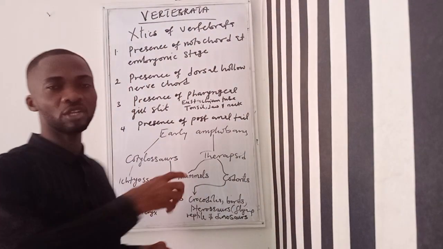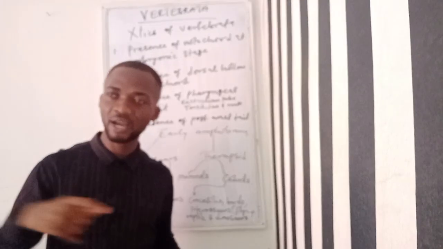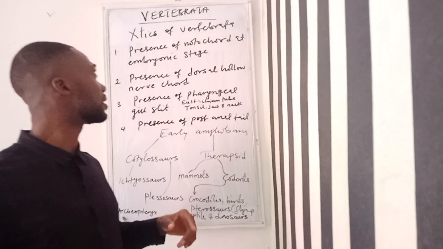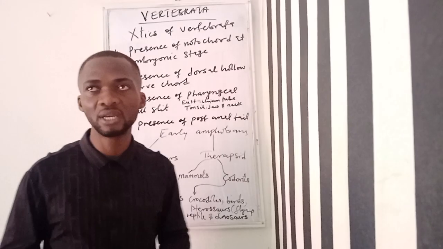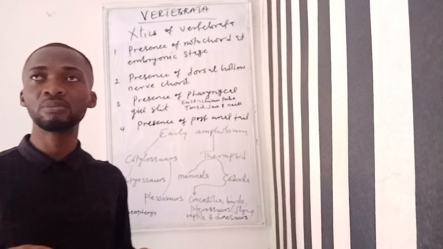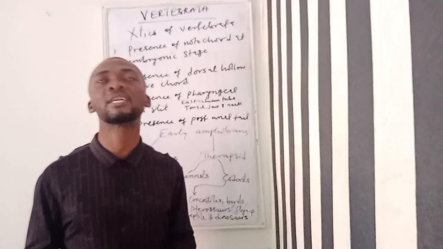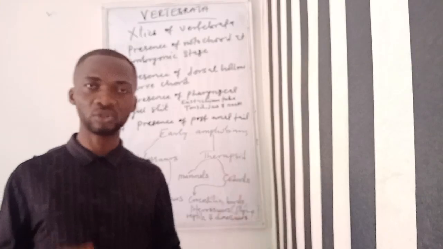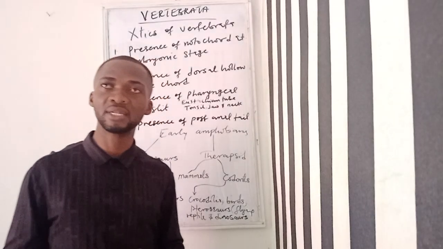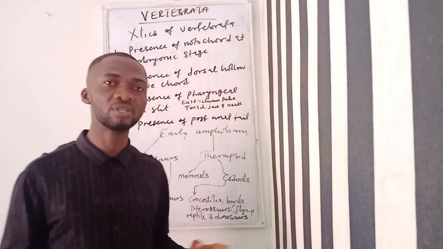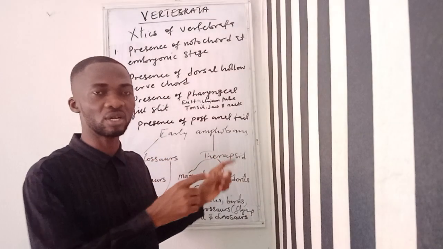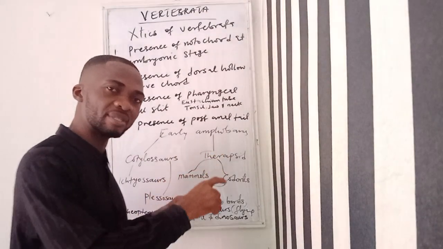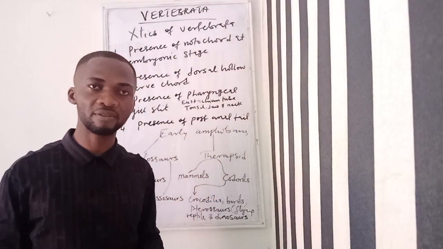In all vertebrates, they have this embryonic notochord that is found at their early stage of development, even though in some vertebrates, like in fishes, we have the cartilaginous fishes and the jawless fishes. These ones have the notochord persisting all through their adult life.